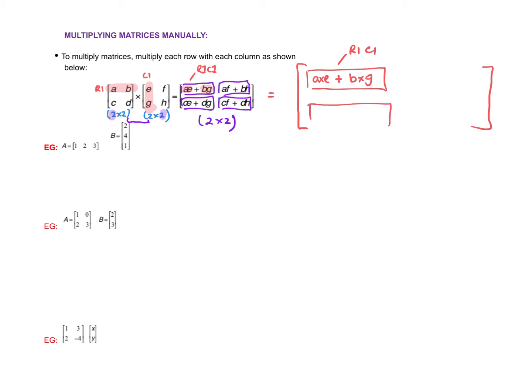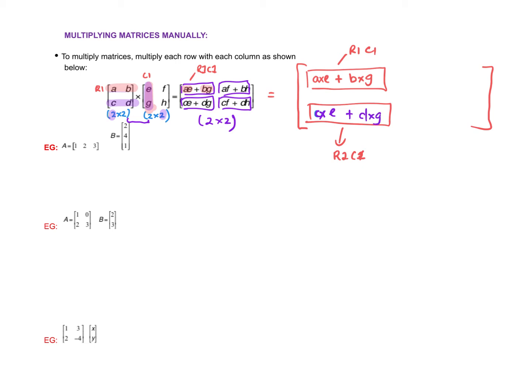So down here, I'm in row 2, column 1. So I would be doing this row by this column. So it'll be C times E plus D times G. Okay, so you run and dive.